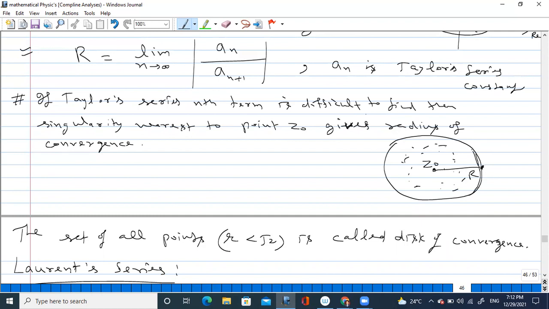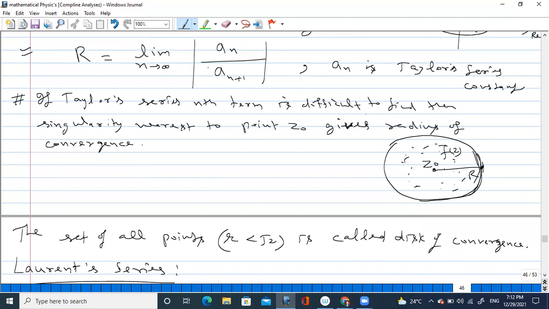At this singularity the function is not defined. So it means there is a break. Inside this radius the function is defined, the function is analytic. But when I am touching this radius, the function is not defined. So that means your analytic function will break here. Understood? So that point will give you the radius of convergence.